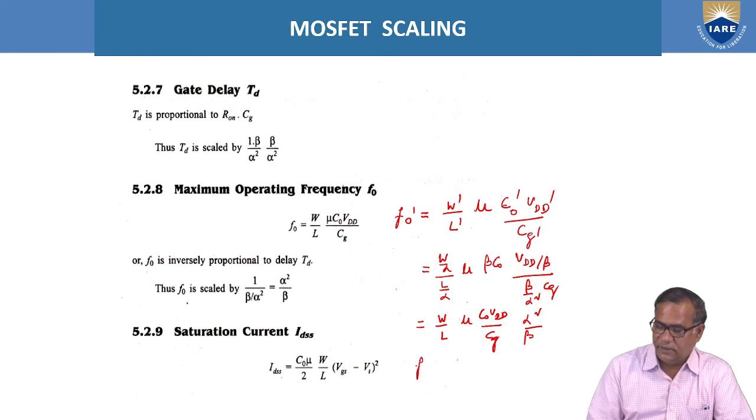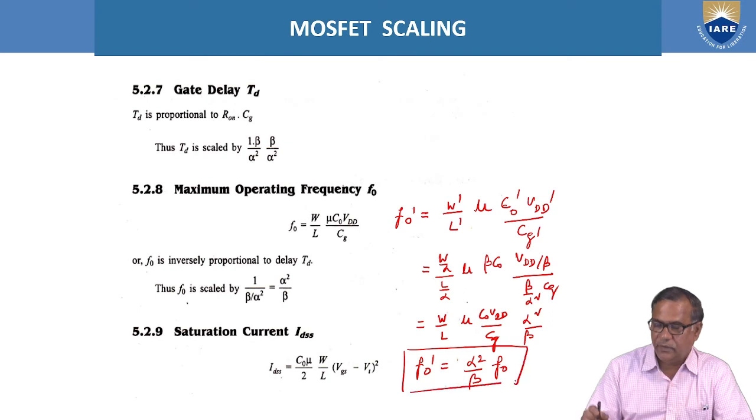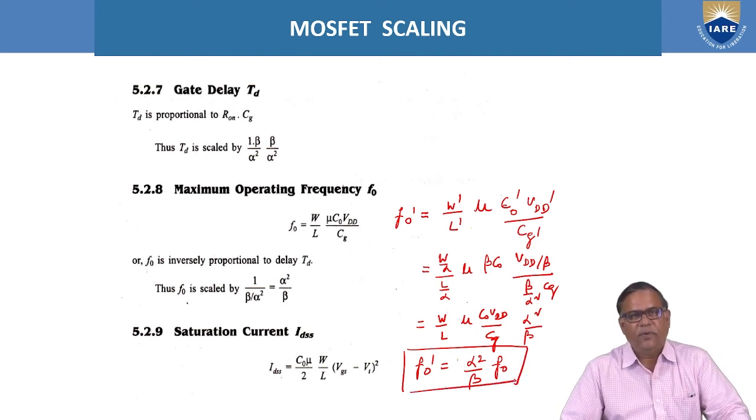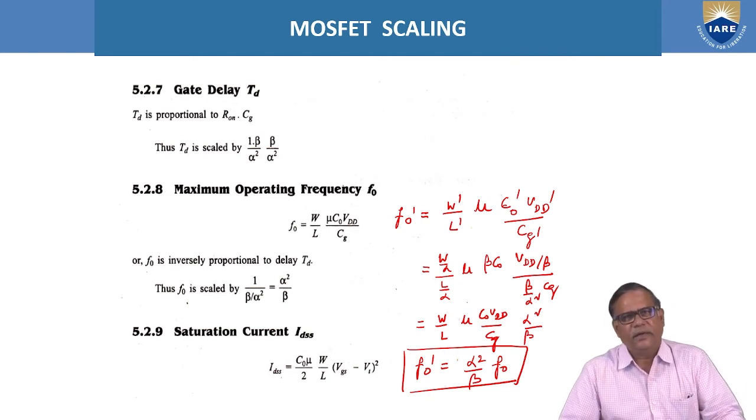So F0 dash is equal to alpha square by beta into F0. So the maximum operating frequency is scaled with the factor alpha square by beta. Alpha and beta both are greater than 1. So the maximum operating frequency increases due to scaling. So this is desirable.